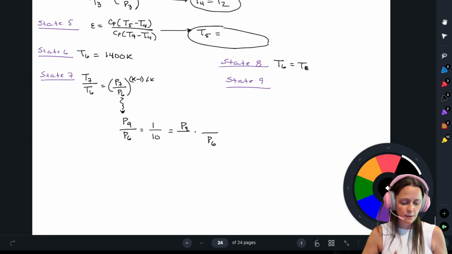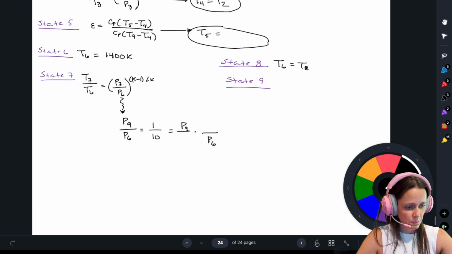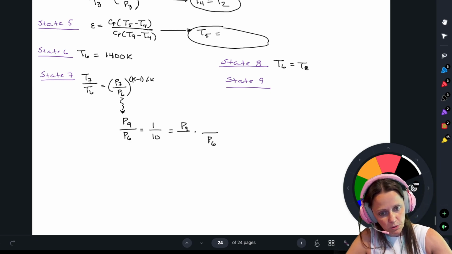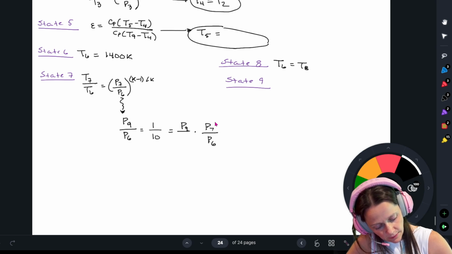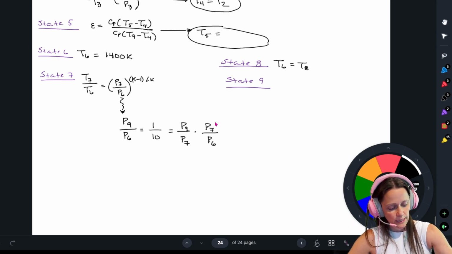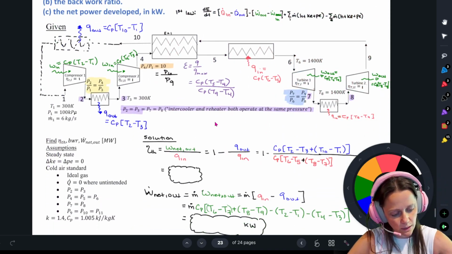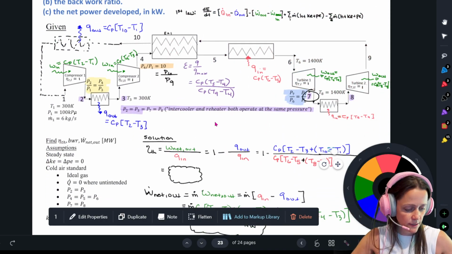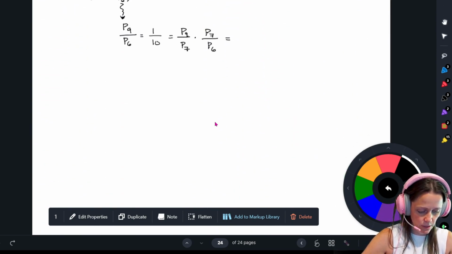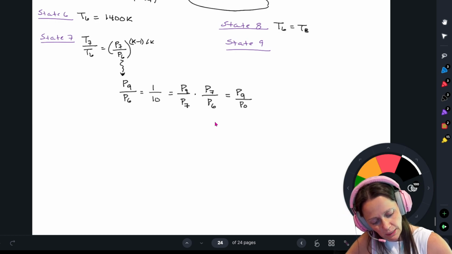This time I'm going to rewrite it. Hopefully you have your picture in front of you. Let's put this as P7. And then I know between 7 and 8, that is the same pressure. So I'm going to rewrite this as not P9 over P7, but P9 over P8.